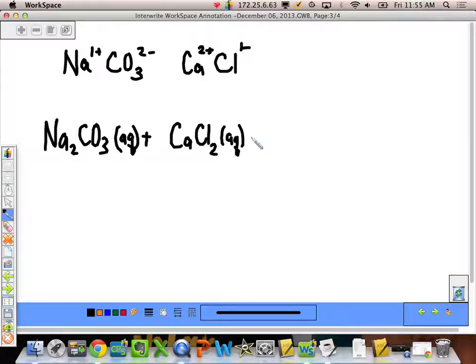Aqueous, good. AQ. This is a double displacement reaction, so on your sheet of paper, try to figure out what my products would be.